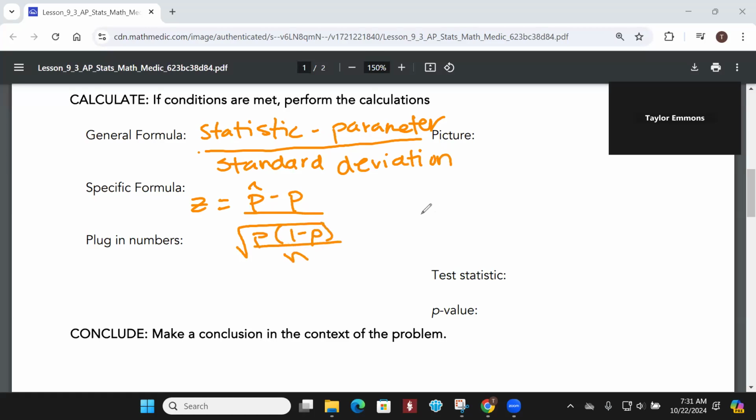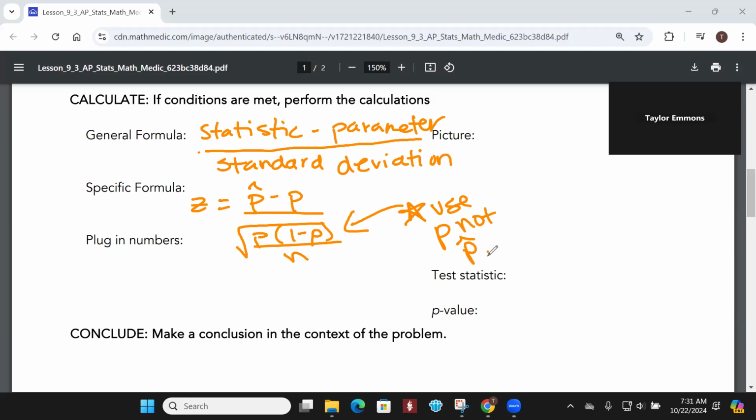I do want to point out that when you write this formula for the standard deviation, you're using p, not p-hat.